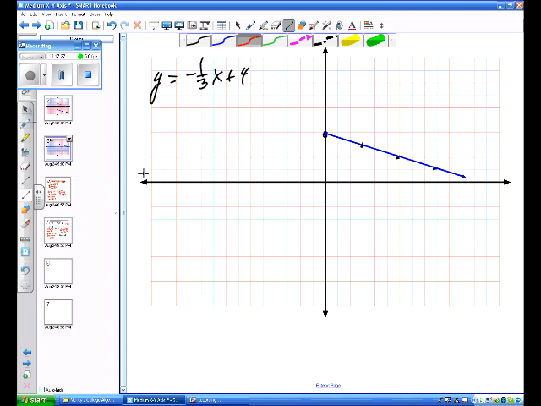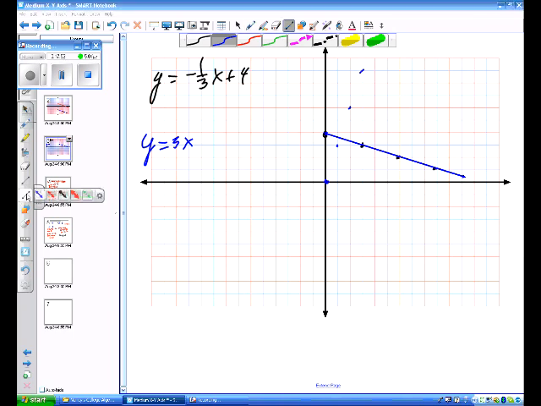And then we came up with the line y equals 3x. So in that case, our intercept is 0. We go up 3 to the right 1, up 3 to the right 1, up 3 to the right 1. We will draw this line.